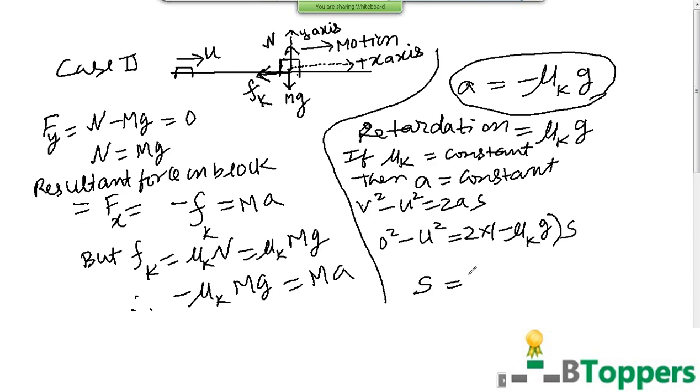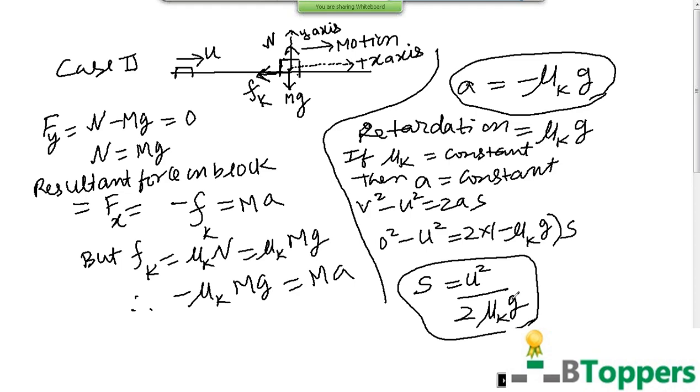So the distance traveled by the block along the rough horizontal floor before it comes to rest is given by s equal to u square by 2 mu k into g. This distance is what we call the stopping distance, given by u square by 2 mu k into g.